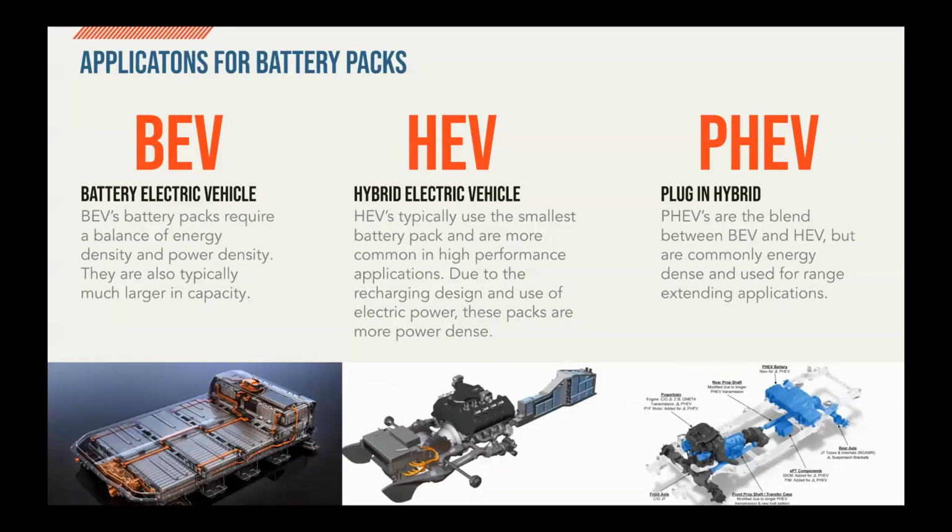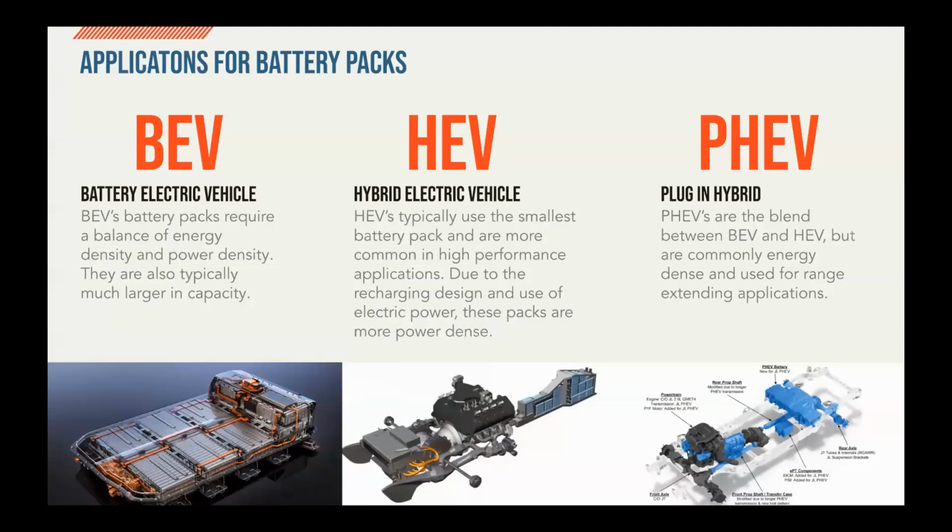So again, there's many different configurations on hybrid electric vehicles, but the main difference between them and plug-in hybrid vehicles is that plug-ins have a charging system to the battery pack, which is typically kind of the medium size between a battery electric vehicle and a hybrid electric vehicle, and are able to be charged offline, separate from regenerative braking or other regenerative methods.